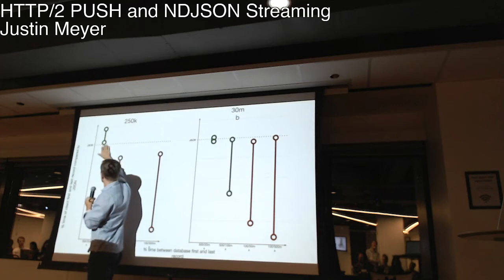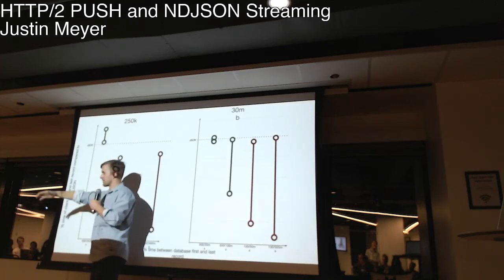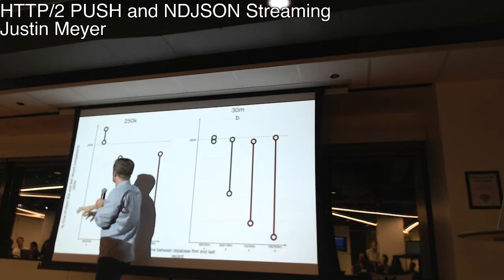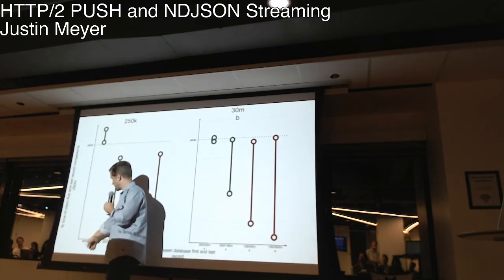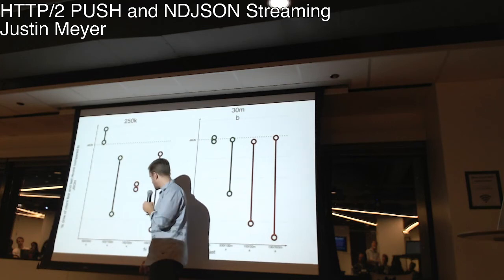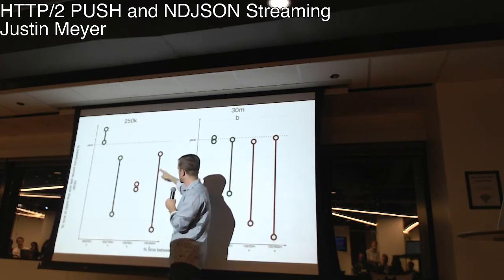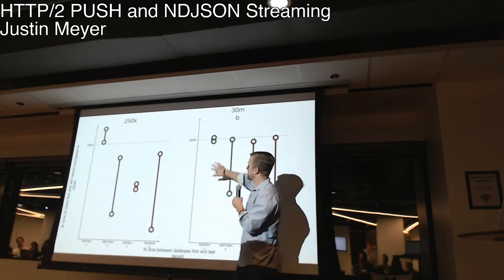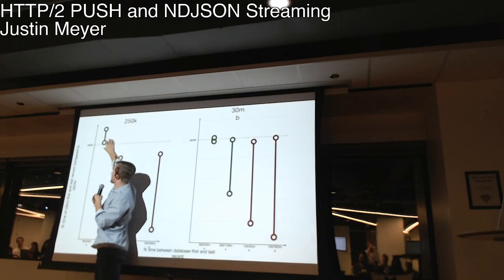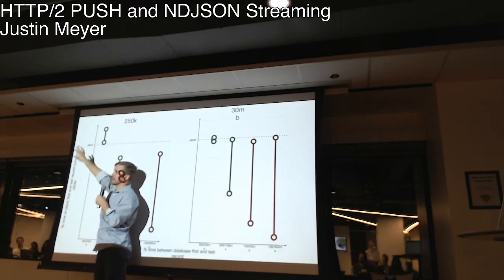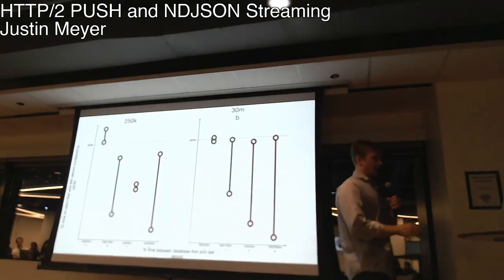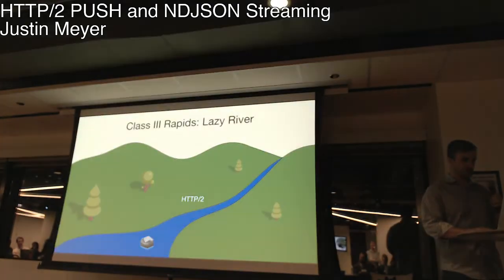It would just be better in that case to send it all as one big chunk, because the pipes are so slow and you're producing data so fast from your query. But as your query slows down, things get much better. I can talk through this in more detail, but basically it's a win almost everywhere except for this case: a very fast database, a lot of records, slow internet. And that's my presentation.